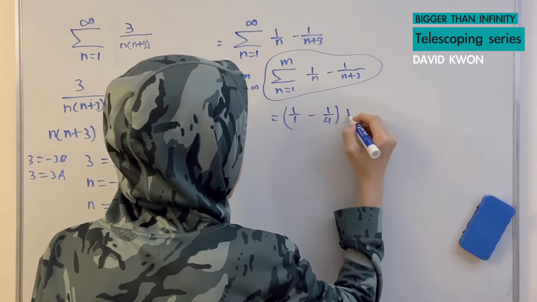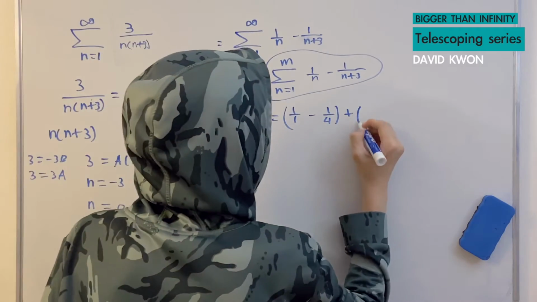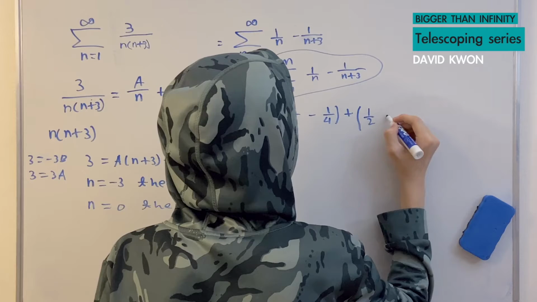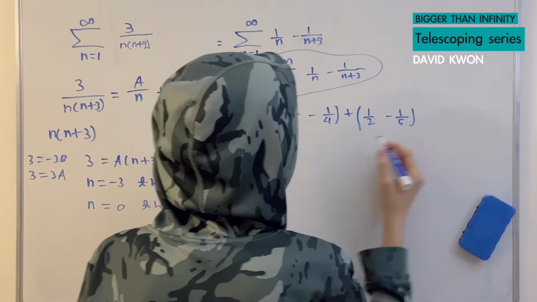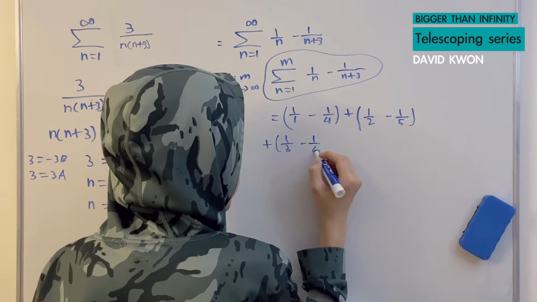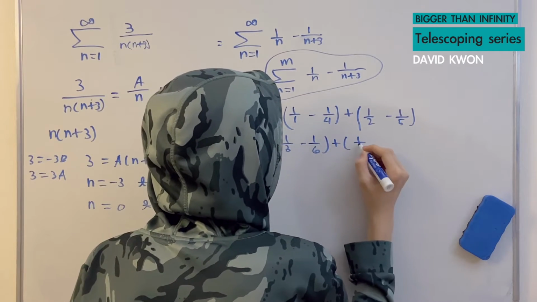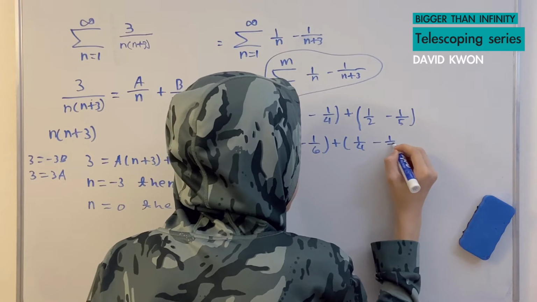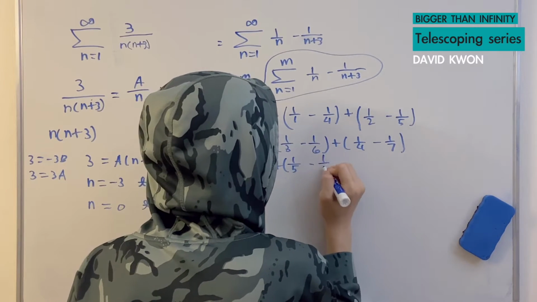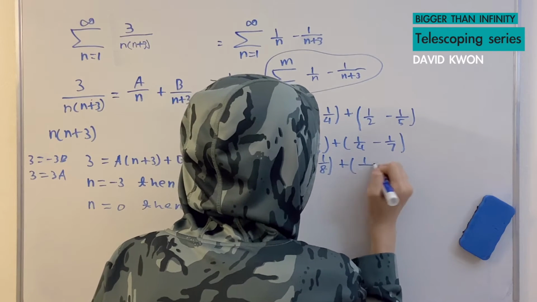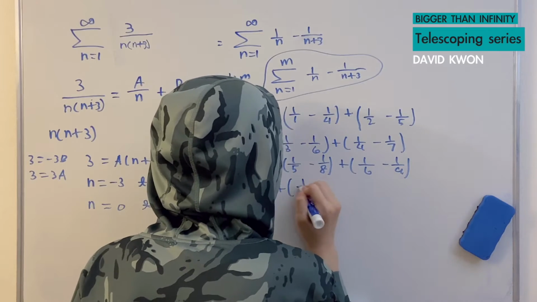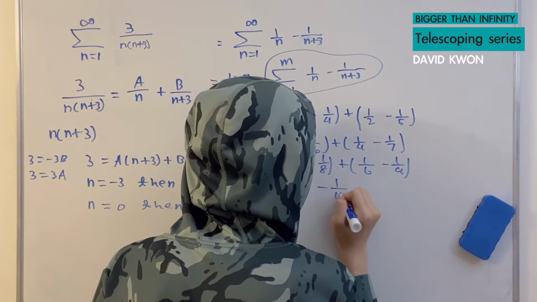That's our first set, and we will have many sets. Now we have that n is equal to 2, we have 1 over 2 minus 1 over 5, and then plus 1 over 3 minus 1 over 6, plus 1 over 4 minus 1 over 7, plus 1 over 5 minus 1 over 8, plus 1 over 6 minus 1 over 9, plus 1 over 7 minus 1 over 10.